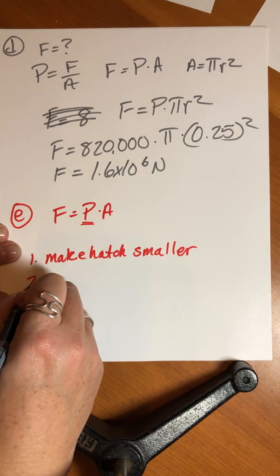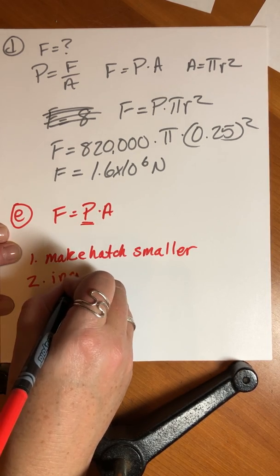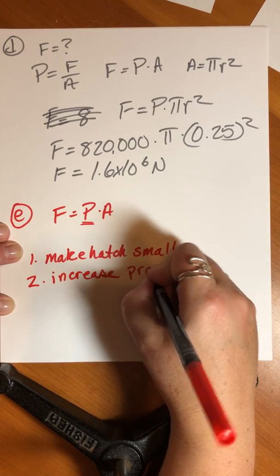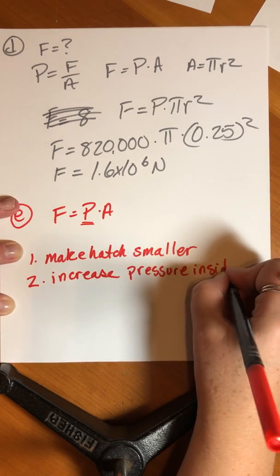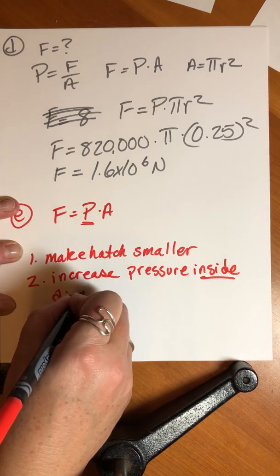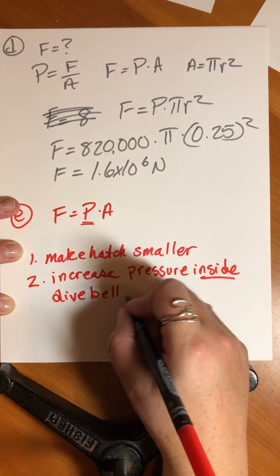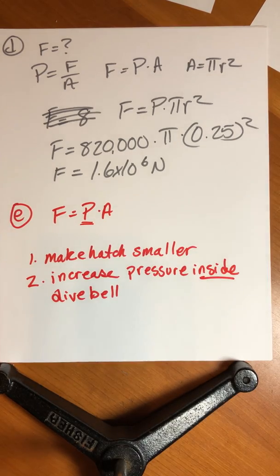So our second thing that we can do is increase the pressure inside the dive bell, which will reduce the force that we need to push up and out.